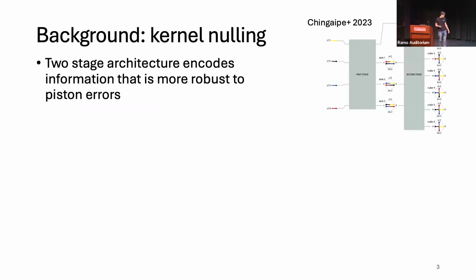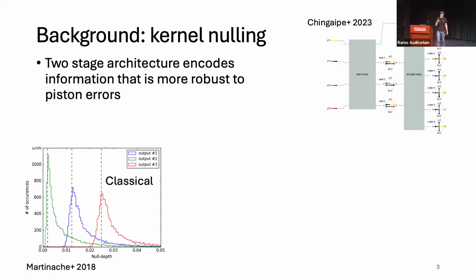An updated, iterated version of the simple nuller that I showed on the previous slide is called kernel nulling, where you use a 2-stage system, shown in the top right here, and this makes it more robust to piston errors. I'm not going to talk through the details too much and just show you an example. If you had an example observation here with an off-axis companion and some phase errors, you might get a distribution that looks like this in the classical case.